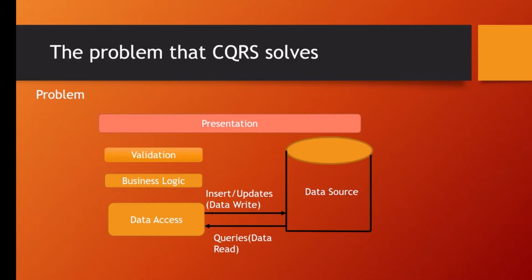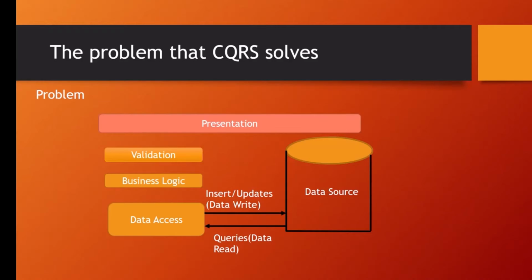For example, on the read side, the application may perform many different queries returning data transfer objects with different shapes. Object mapping can also become complicated. And on the write side, the model may implement complex validation and business logic. As a result, you can end up with a very overly complex model that does too much.